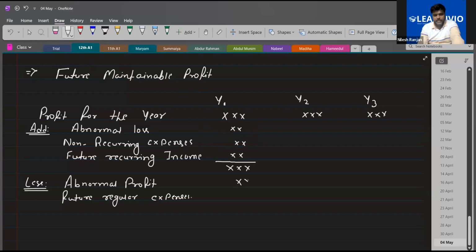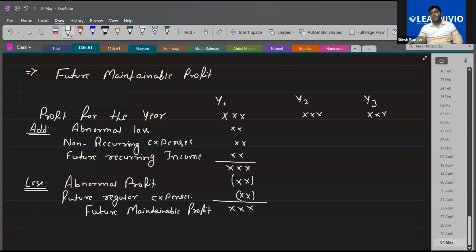So add it, then deduct it. This is future maintainable profit. And this profit will be used for calculation of average profit. Future maintainable profit. Please write this.